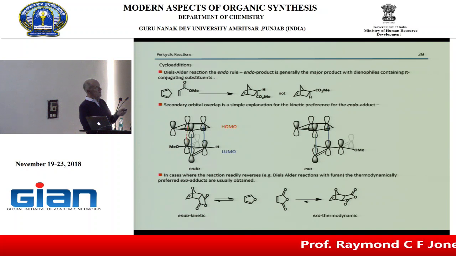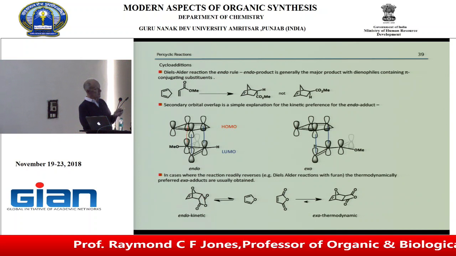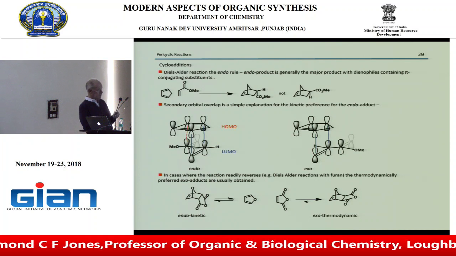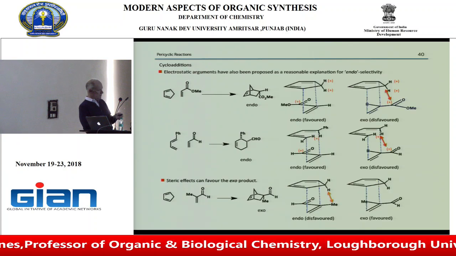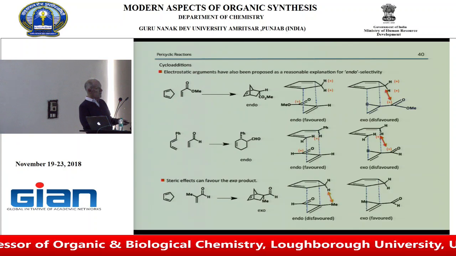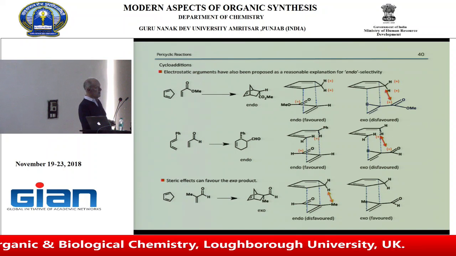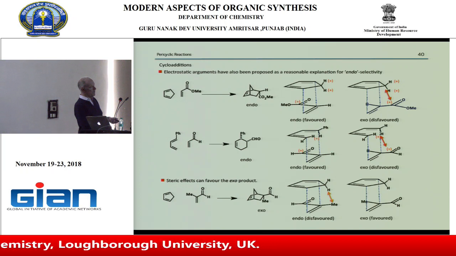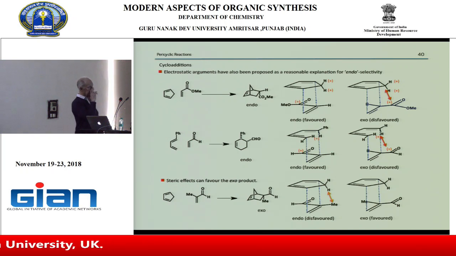And that's why it says here, endo product is generally the major product. That "generally" is there to account for exceptions, such as here, where we've got two substituents on the end of the alkene and an sp3 center linking the two ends of the diene.